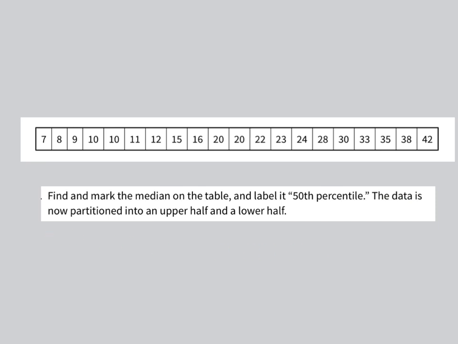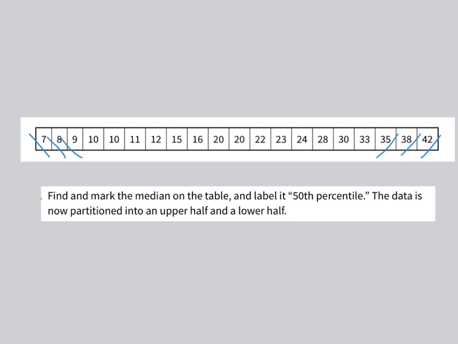When we're doing that, every time we do medians, we start on the outside. We have to make sure that our numbers are in order, and they are in order. So let's start marking off things on the outside. So 7, 42, 8, 38.